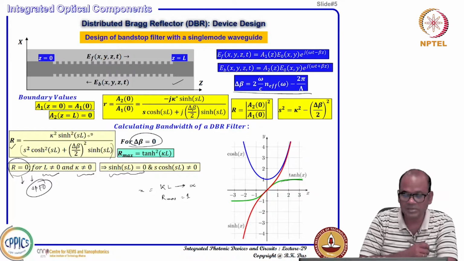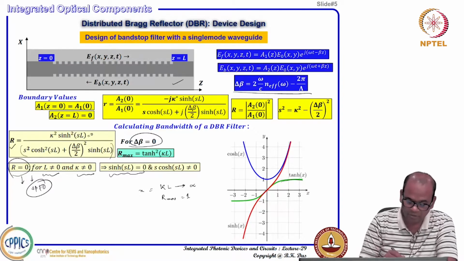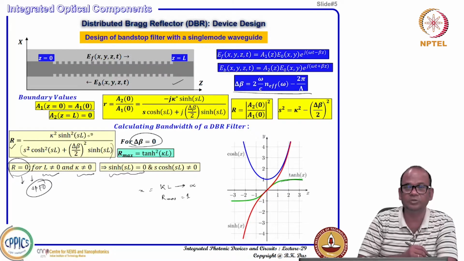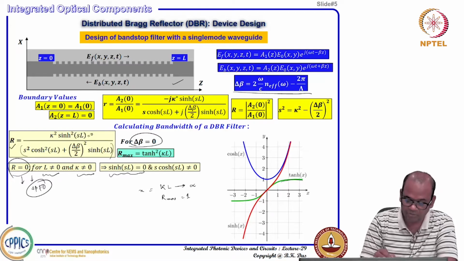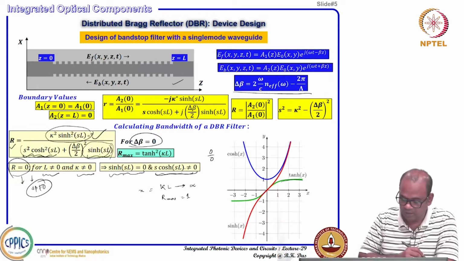If the denominator itself becomes 0, then 0 by 0 is indeterminate. So we should be careful in choosing R equal to 0. For R equal to 0, the numerator sine hyperbolic is 0, but at the same time the denominator should not be equal to 0, as mentioned here.